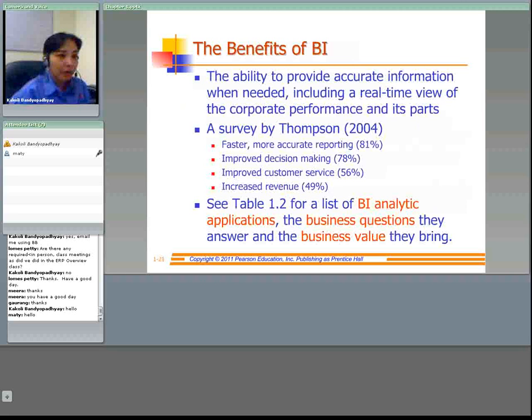BI is important because it offers the following benefits. It is faster, provides more accurate reporting. Because of accuracy, it helps us to improve the decision making. It provides improved customer service. Okay, and also all these things result in increased revenue.